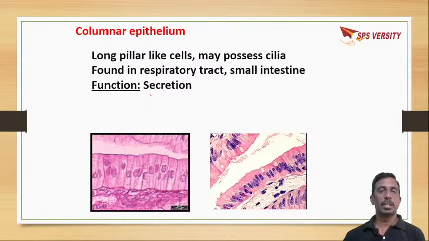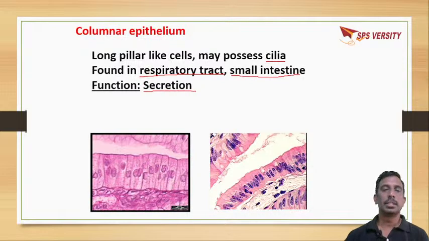Columnar epithelium. The name itself says columnar means they are long cells which possess cilia. They are present in the respiratory tract and small intestine. इसका function है कि secretion.